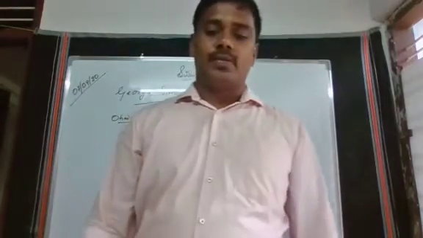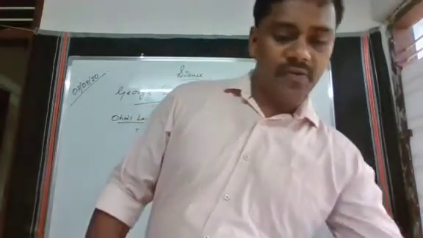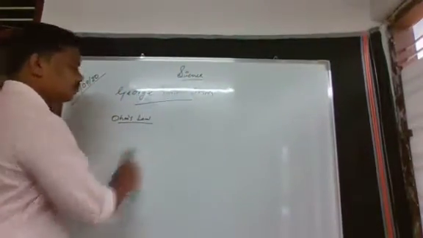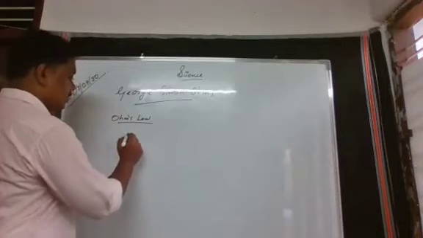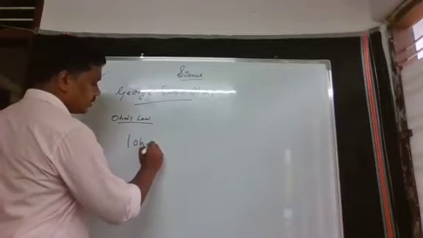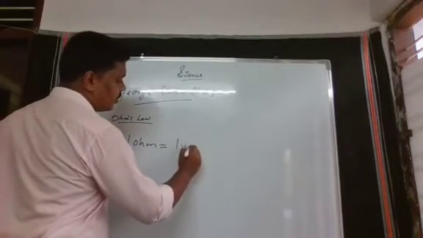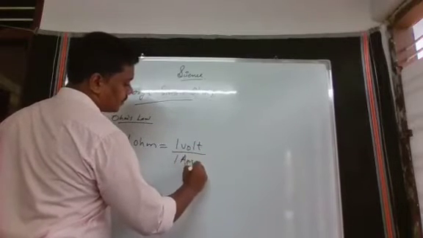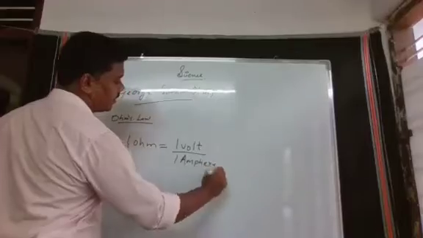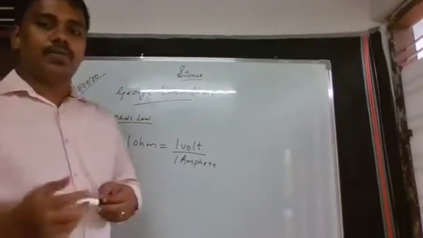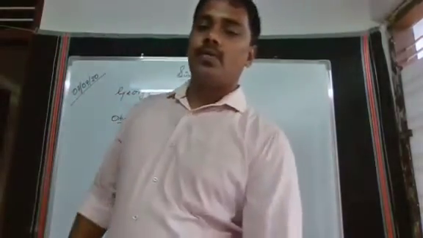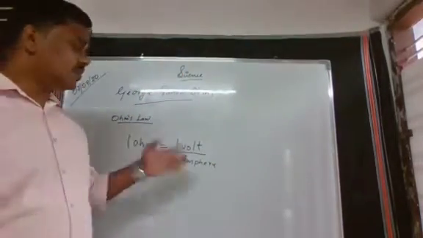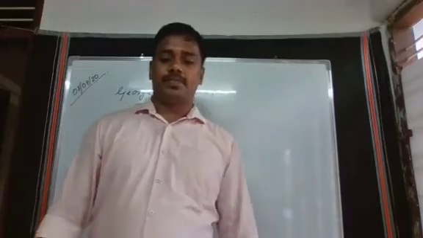We will write that 1 ohm is equal to 1 volt by 1 ampere, that is, resistance is equal to potential difference by current.